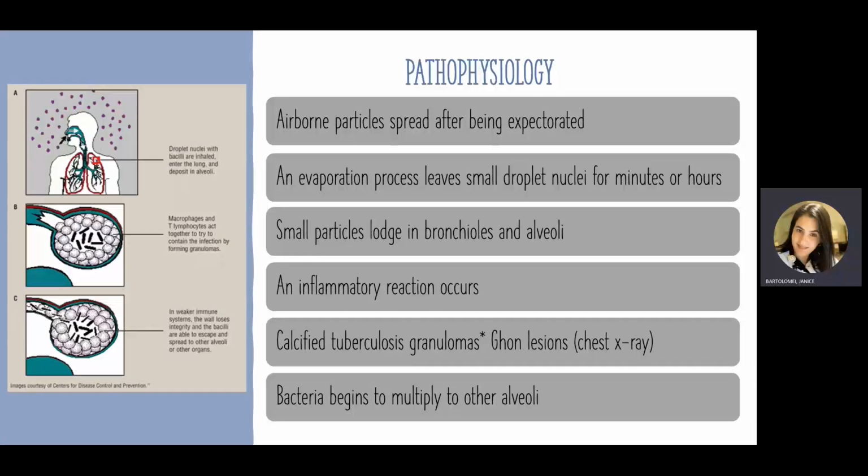We have these particles that float around after someone has coughed, sneezed, or is talking, and they leave nuclei from the evaporation of the particle. That's what we either get in contact with or breathe in, and those lodge in your alveoli or your bronchioles.